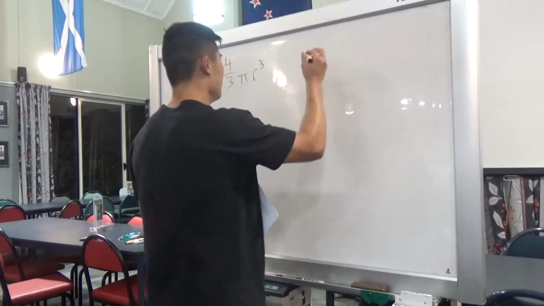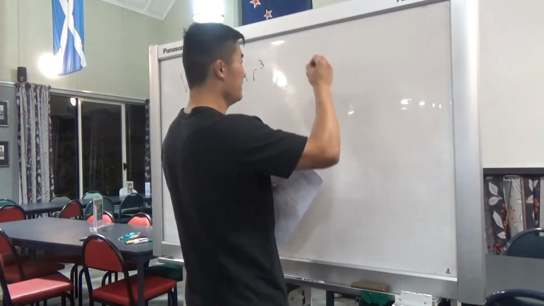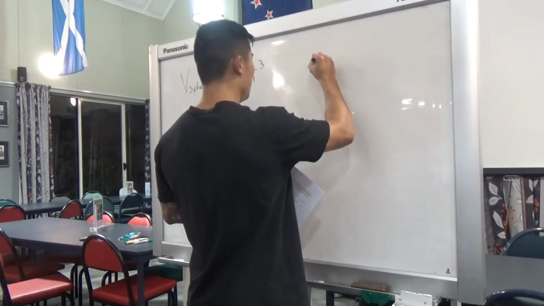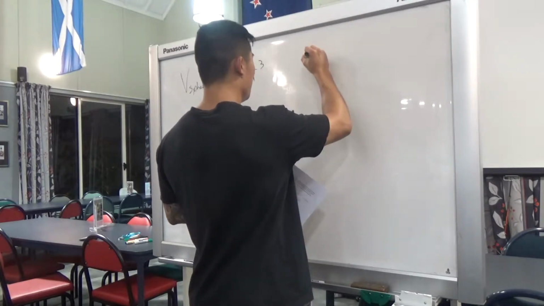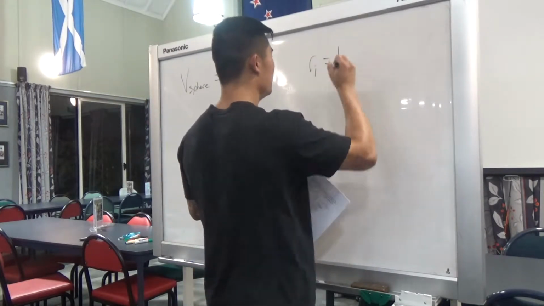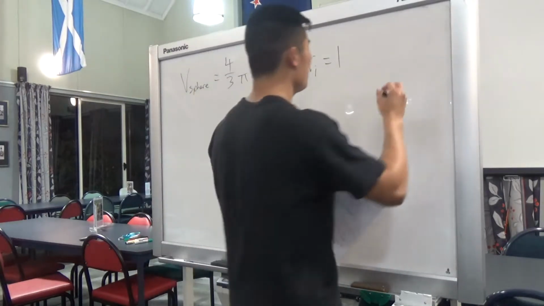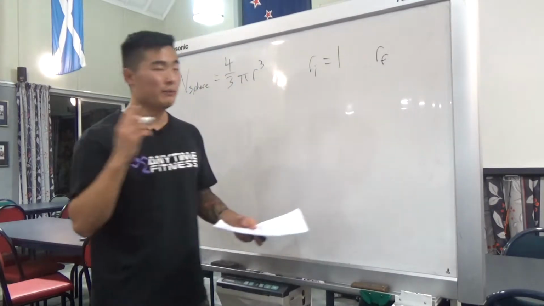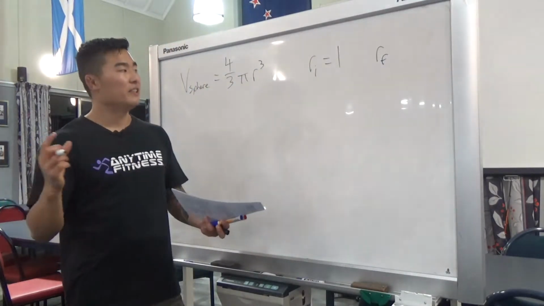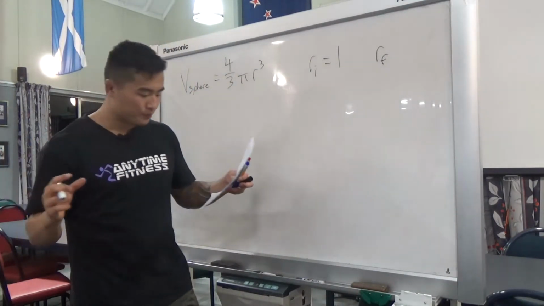So let's just say that our initial radius, R1, is equal to 1, to make it easy. And that means that our final radius is 1% less than the initial radius.